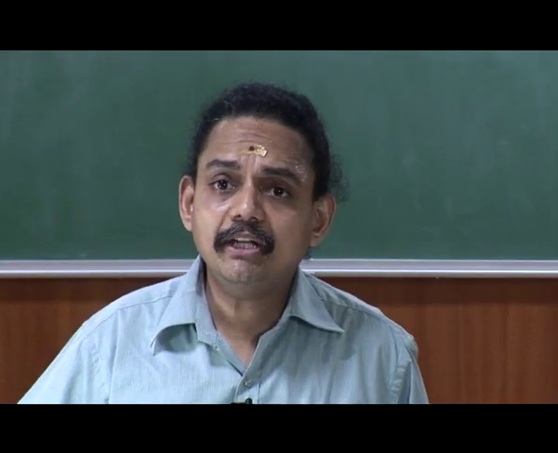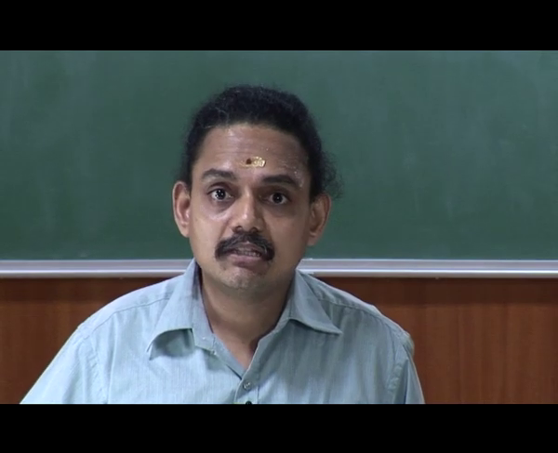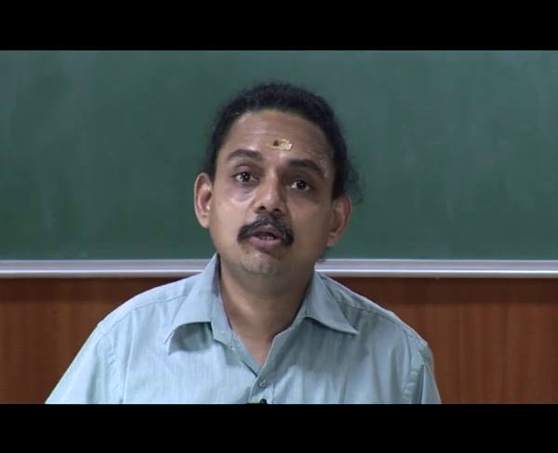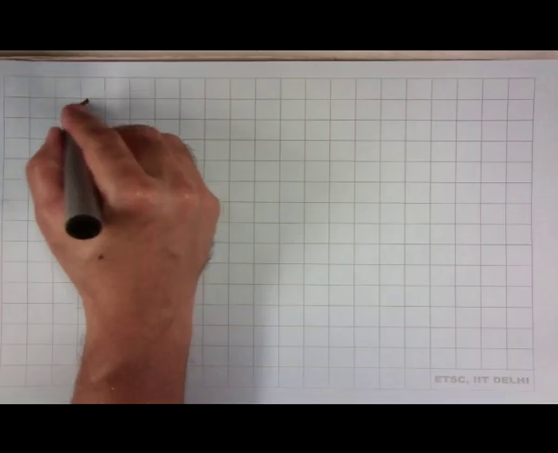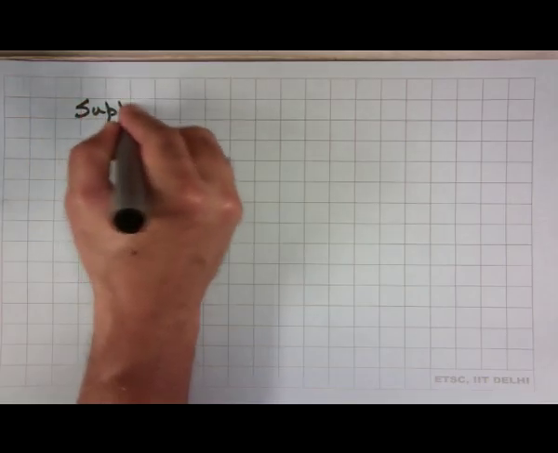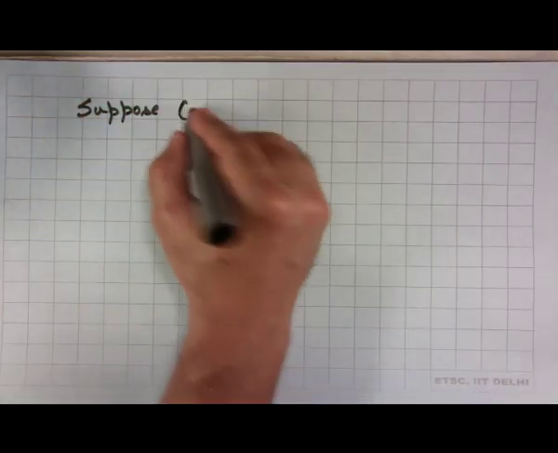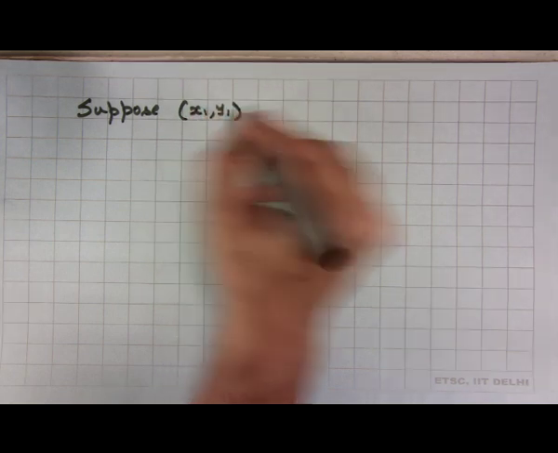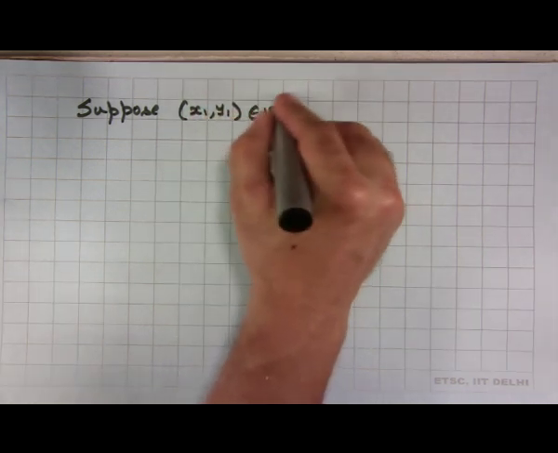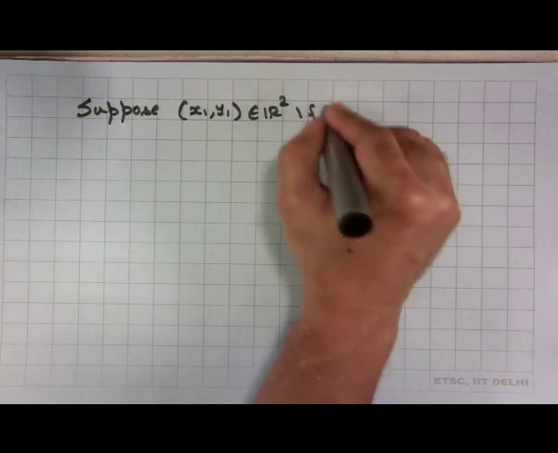Now, let us try to write down all the equivalence classes corresponding to this equivalence relation. Suppose (x1, y1) is an element chosen from R 2 minus 0.